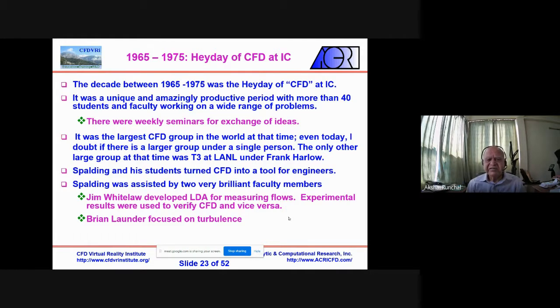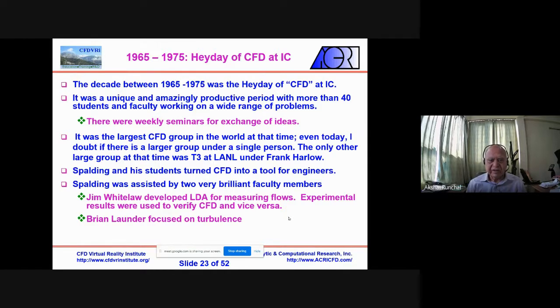Between 65 and 75, just to give you an idea, there were perhaps more than 40 students and faculty working on a wide range of problems, experimental, practical, in one place at one time. Even today you perhaps don't have 40 people working in CFD in any department.